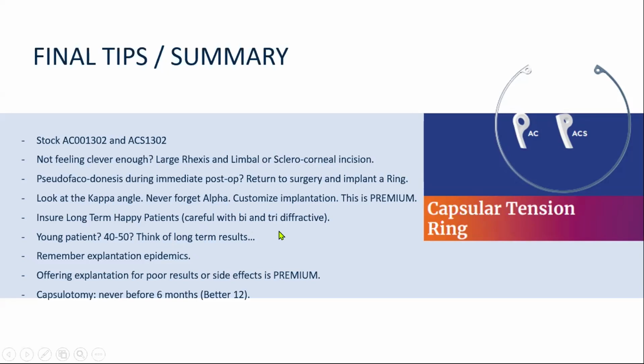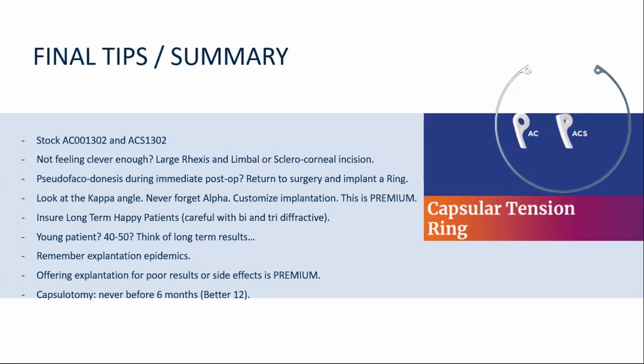This is very important. Do you have a young patient, like 40, 50 years old? Think of long-term results. The stability of the bag and lens should last at least another 50 years. 50 years is a lot. Have in mind that some manufacturers, like I showed you, could have an accidental problem, and the lens may get a lot of glistening or directly opacification.